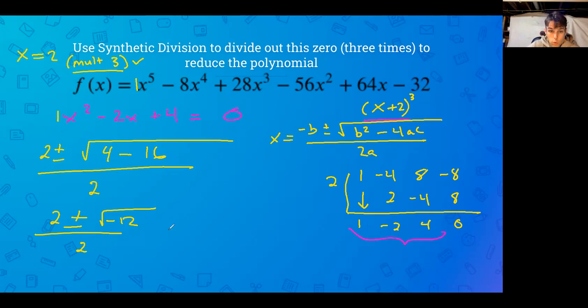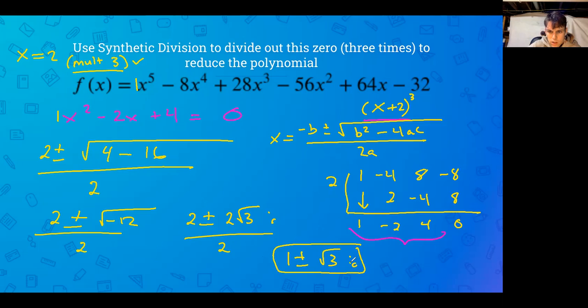Square root of negative 12 is going to be 2 plus or minus 2 root 3i over 2. Both of those are divisible by 2, so we're going to get 1 plus or minus root 3i. These are our other 2 solutions, complex solutions, real part and imaginary part, one of them plus, one of them minus. So we could write out the linear factorization, including this one.